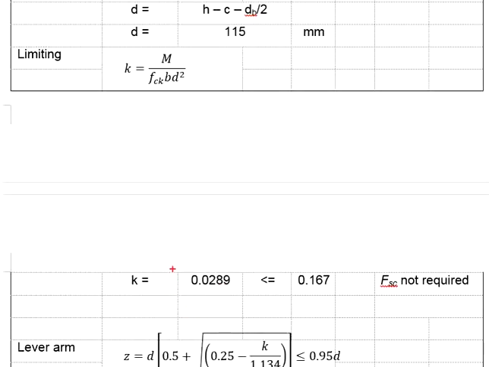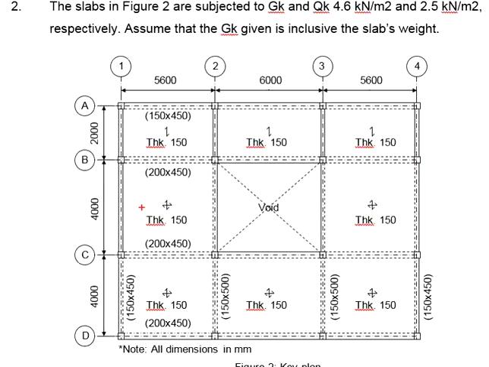In the case that you get your K value greater than 0.167, based on my personal experience, it is not likely, especially when the thickness of the slab is relatively high, such as 150 or 125.